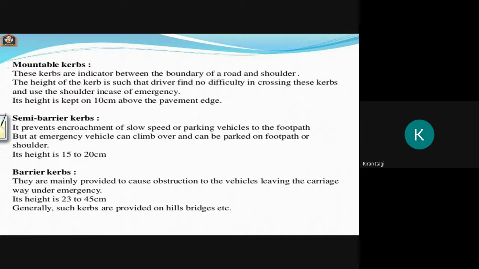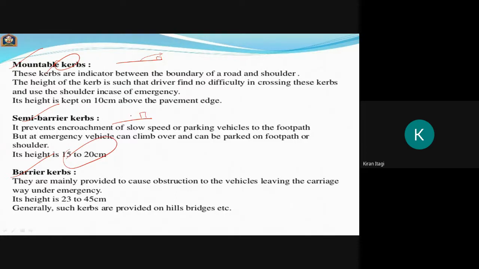Again, we have different types as the name indicates: mountable, semi-barrier, and barrier curbs. Mountable means the vehicle can move over it. Semi-barrier means partially, a little bit higher, the height will be more.